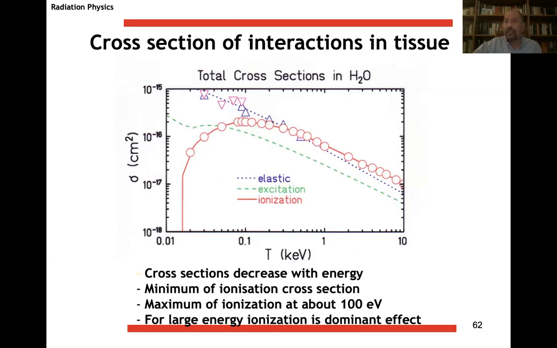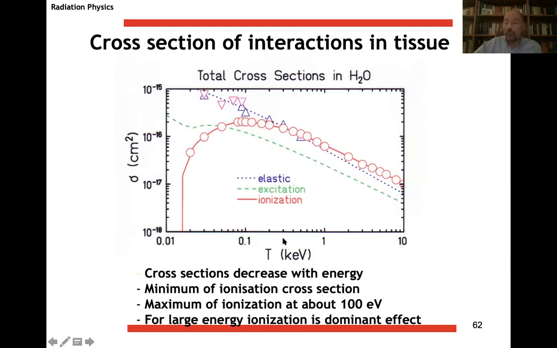So this is relatively low energy. In fact, you see the threshold for ionization in water, of course, we're talking about water here. The threshold for ionization in water is close to 20 electron volt, let's say. This is the threshold for ionization. Otherwise, it would be impossible to ionize a molecule.